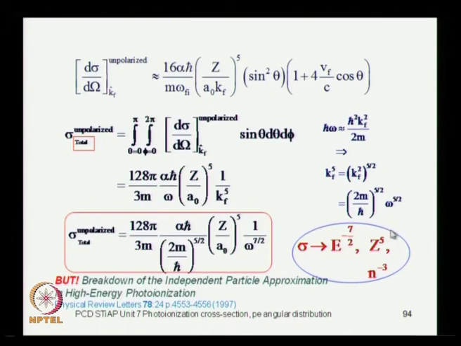There is nevertheless a breakdown of the Born approximation. This is a matter of detail. One hopes that this will always work at high energy, but it turns out that there are certain detailed correlations which really cannot be ignored even in the Born approximation.